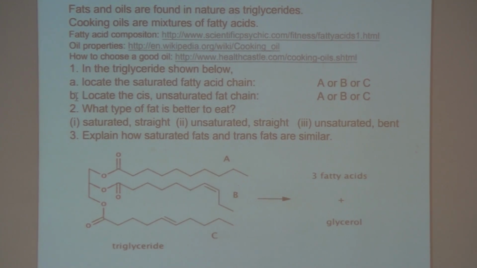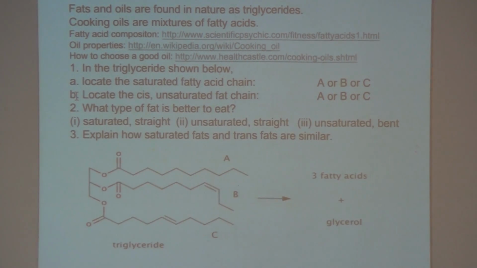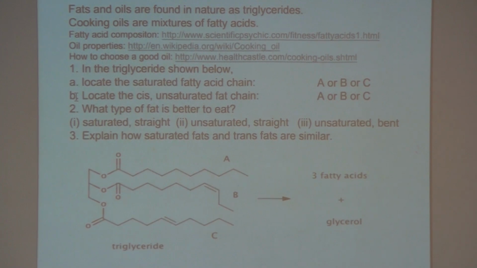So a triglyceride can undergo hydrolysis to form fatty acids. So this will form 3 fatty acids plus glycerol. The triglyceride has 3 ester functional groups in it, and then glycerol looks like this.